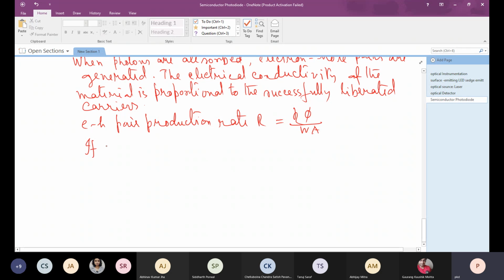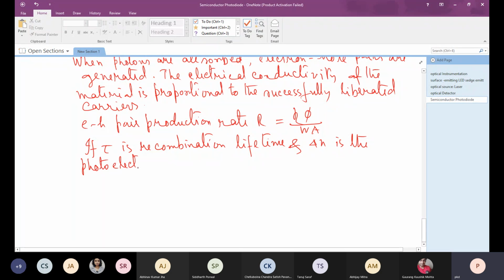Now, if tau is the recombination lifetime, and delta n is the photoelectron concentration under steady state, R would be equal to delta n by tau.